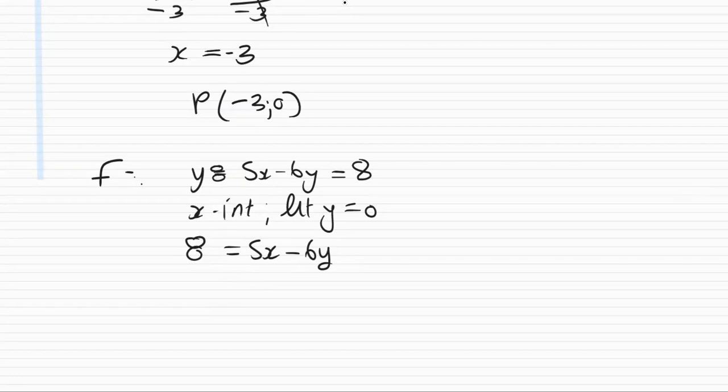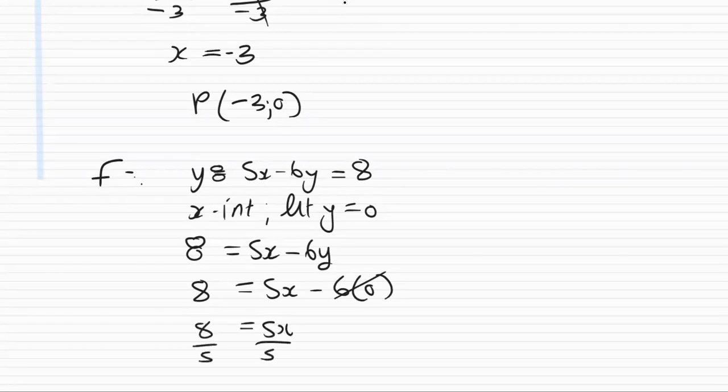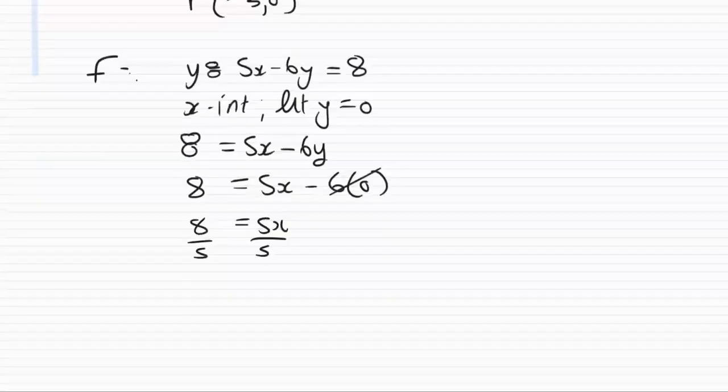Okay. So this was not in standard form. No problem. Just wherever we see a y, we change it to a 0. So 6 times 0 is 0. We end up with 5x equals to 8. Divide both sides by 5 to get x on its own.